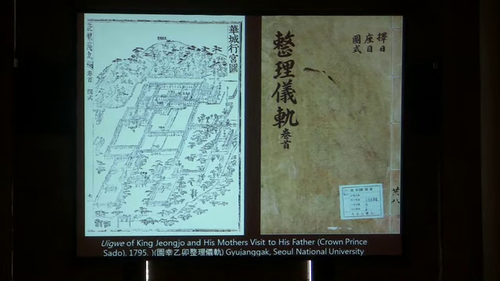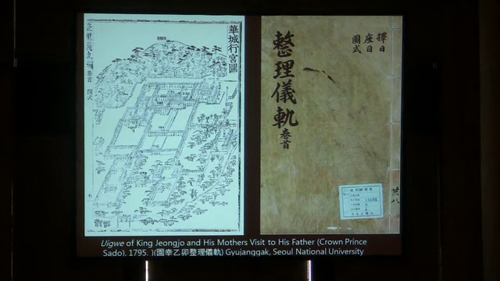Then King Jeongjo and his mother, wife of Prince Sado, made a visit to his father's tomb in 1795, and that year coincided with the 60th birthday of both Crown Prince Sado and his wife.